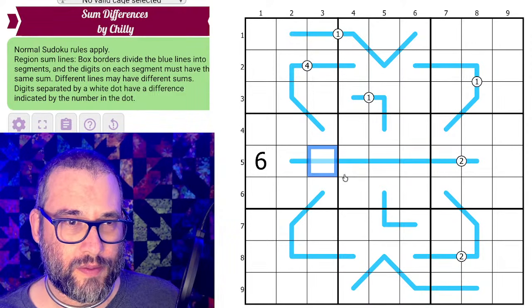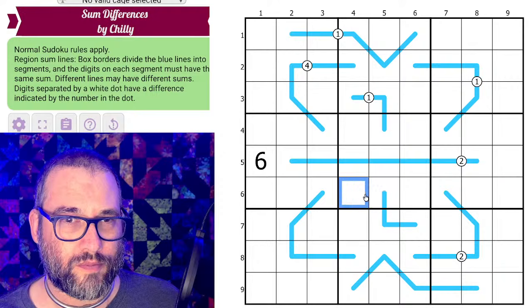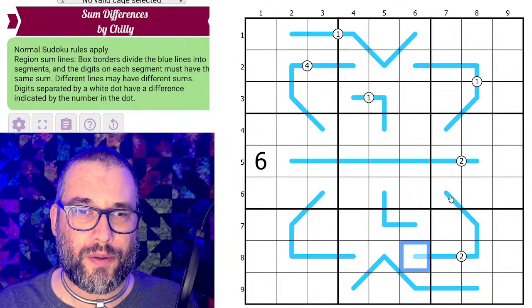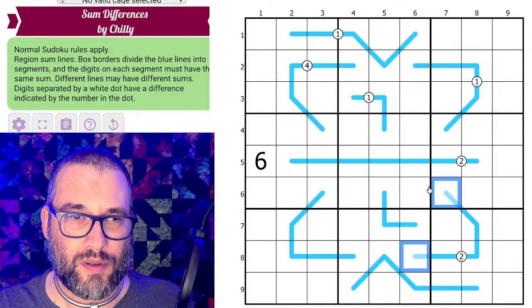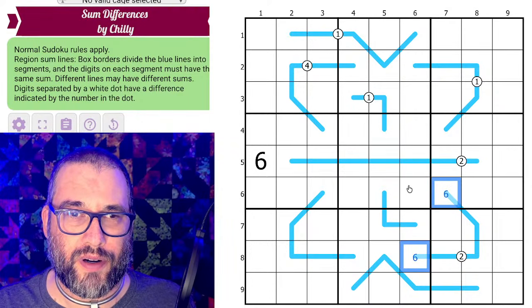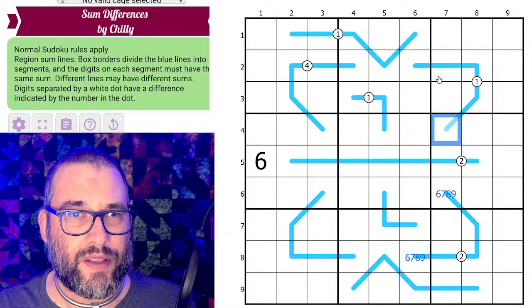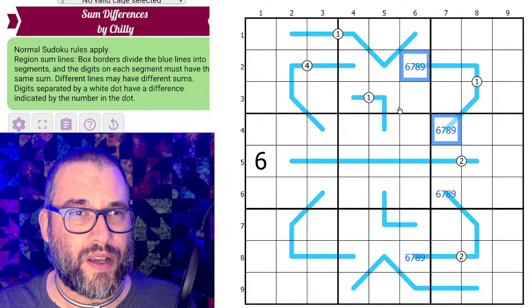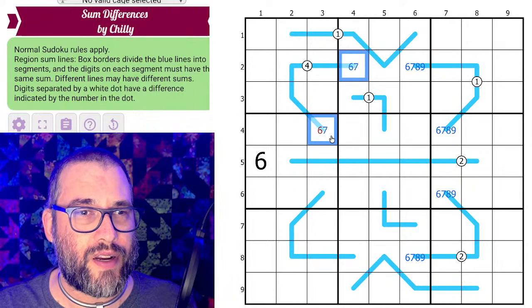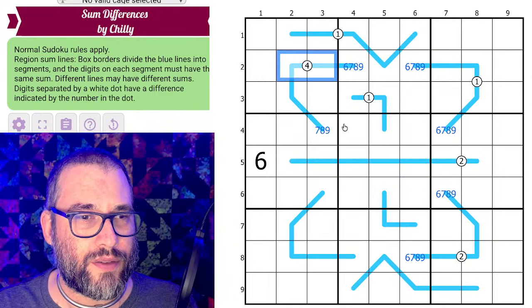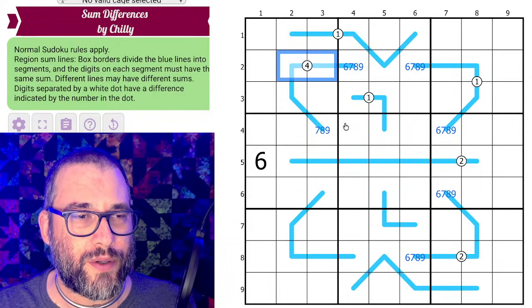Okay. So these are 6, 7, 8, 9s. These are 6, 7, 8, 9s. These are 6, 7, 8, 9s, although this 4 is going to push it up.